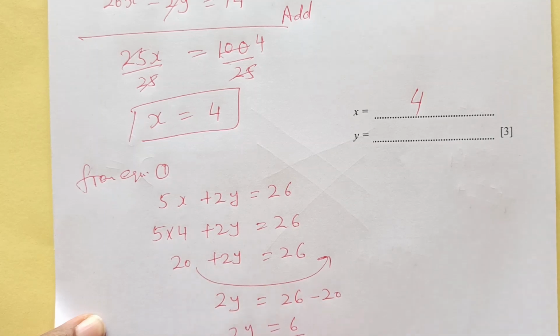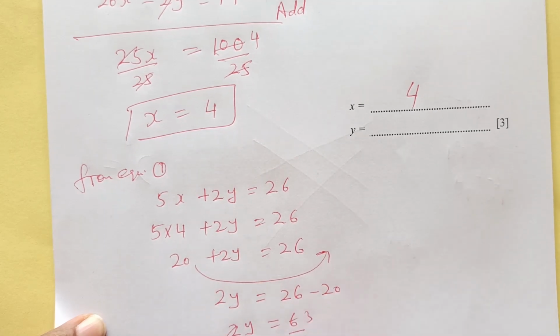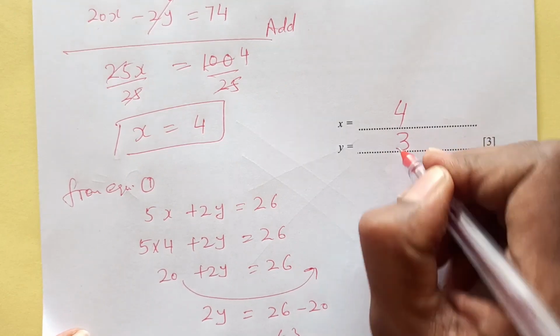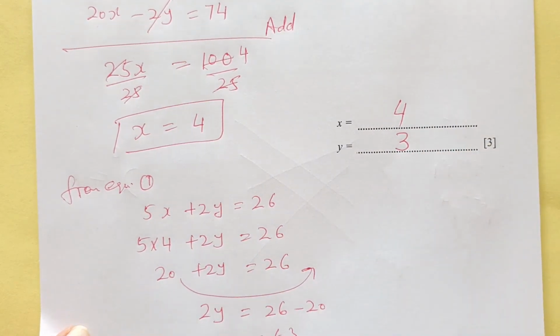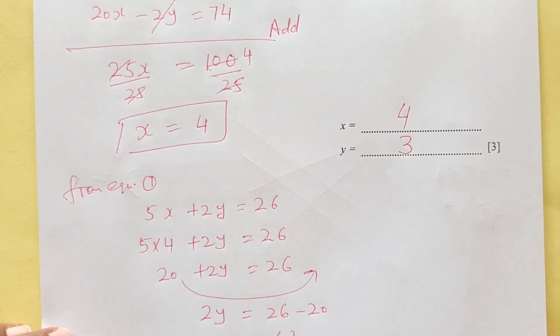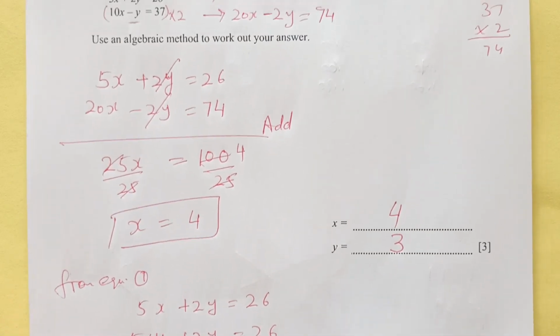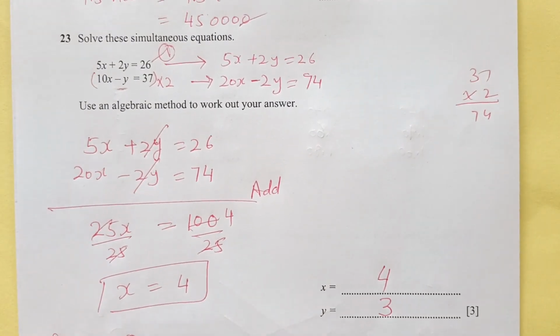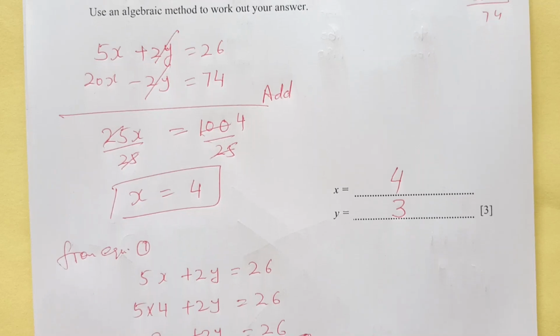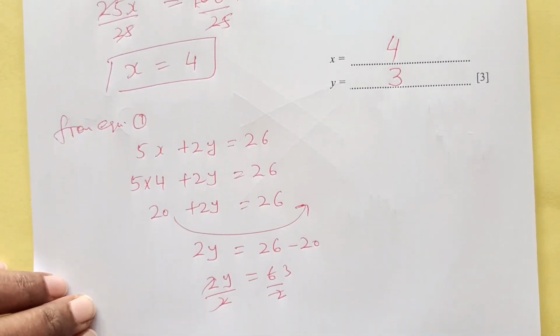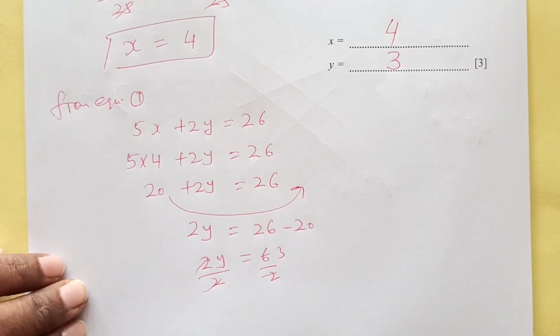Divide by 2, divide by 2. So y we got 3. So we have the value of y, right? By doing this, you need to show all working. You will be able to get 3 marks.